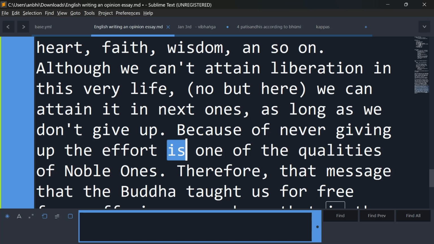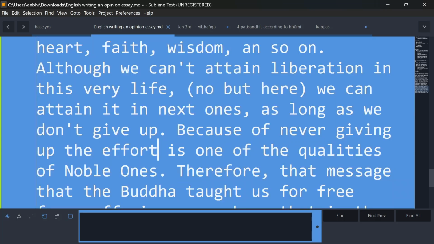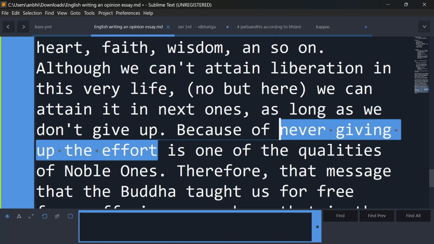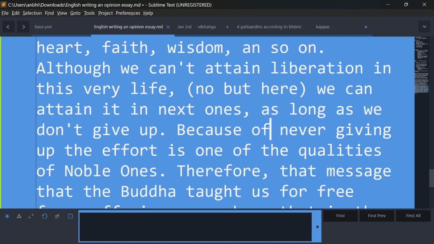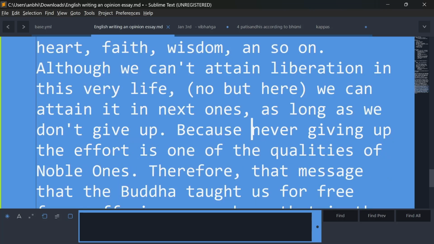First you find the verb, the action, or the being, and then you ask, what is that? Or what is doing that? So what is the answer if I ask you, what is the subject of this sentence? Never giving up the effort. All of this is the subject. Okay? Never giving up the effort.